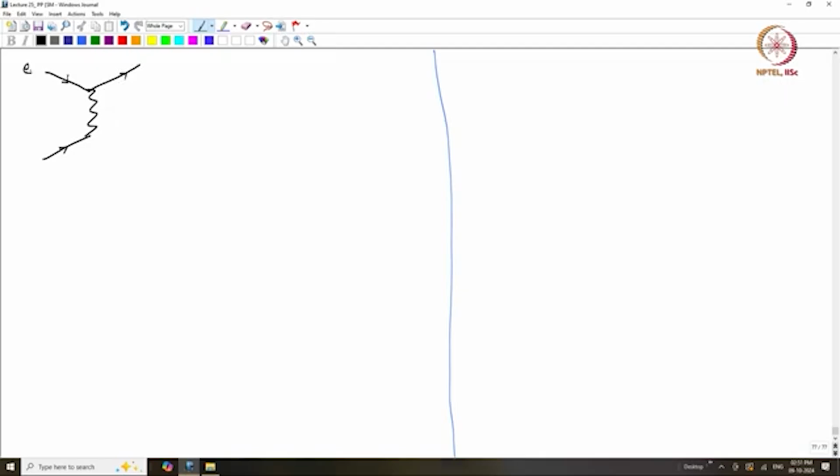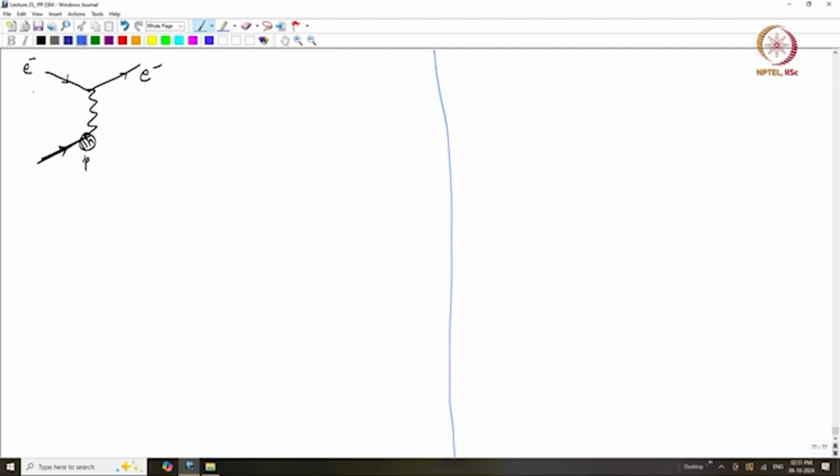So the idea is that I want to scatter some electron on a proton. So I am going to draw the proton as a thick arrow to show that it is a composite particle. So I am scattering an electron on a proton, which I am representing with this blob also, okay.